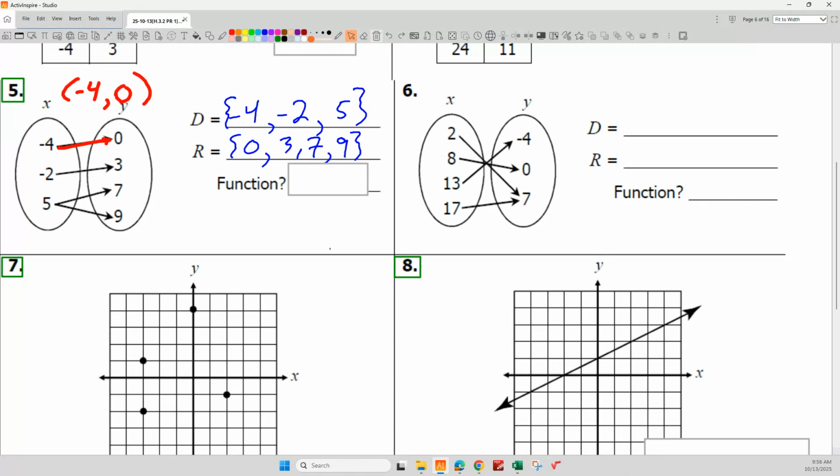And what's the dead giveaway on this one? Okay, there are 2 arrows leaving the input 5. So that's an absolute giveaway. That 5 is an input that pairs with 2 separate outputs. And so this one is clearly not a function.